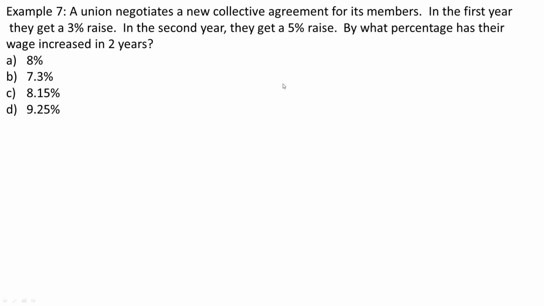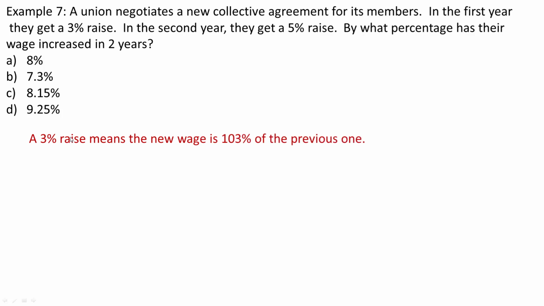You might guess from the last one, if we had 3% and 5%, that's 8%, but same as the discount question, that should not be the correct answer. Because the 5% isn't on the original amount you're making, it's on the amount that's raised by 3%.